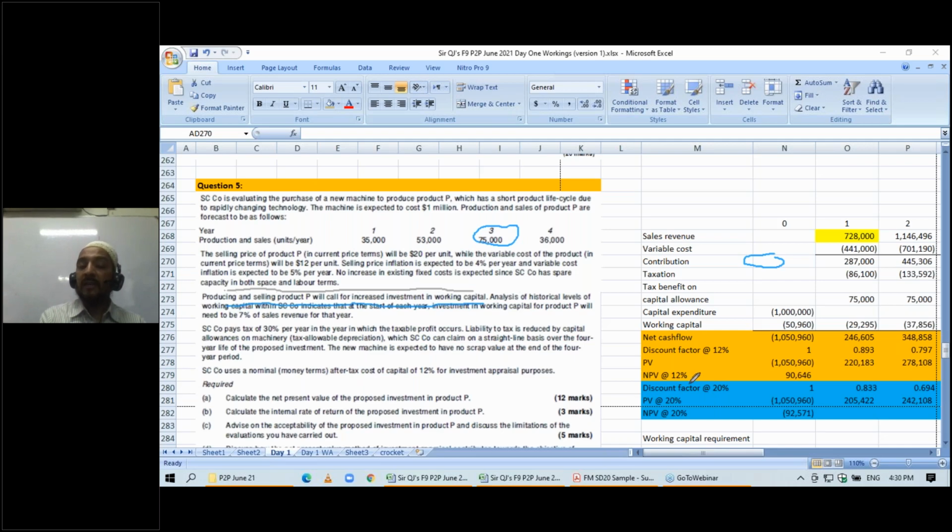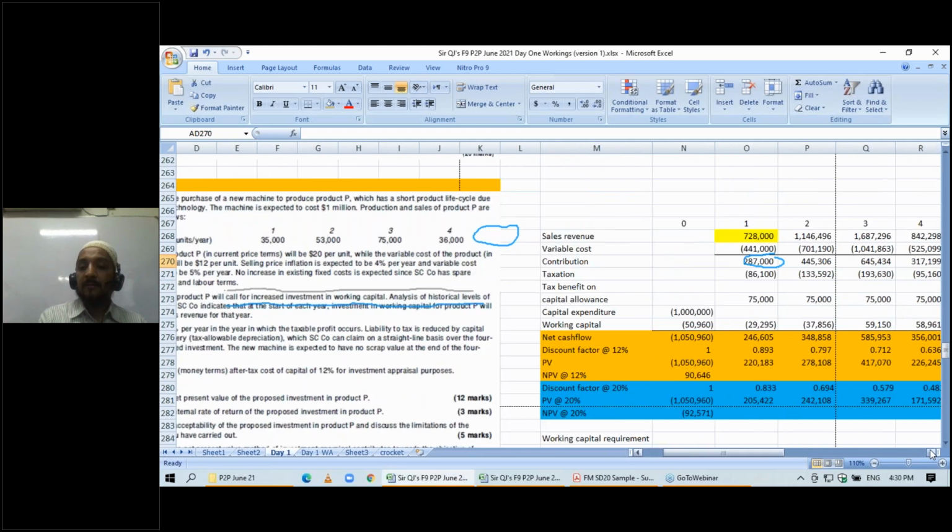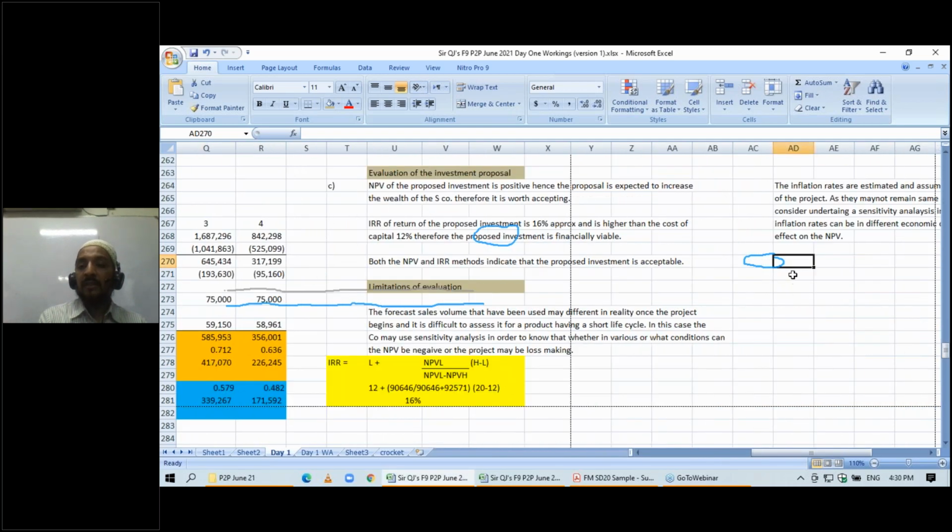So production is getting doubled. So you may not have spare capacity in year 3. So at that time the fixed cost may increase. They may not have considered this point. So they need to consider this as well.